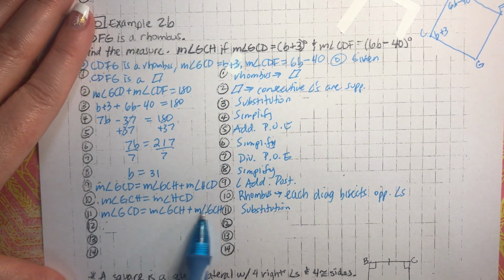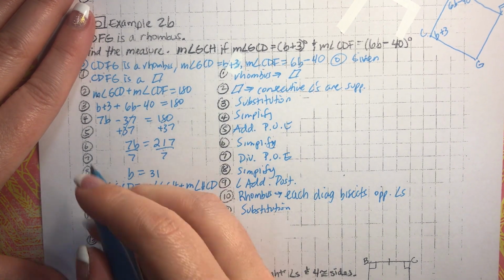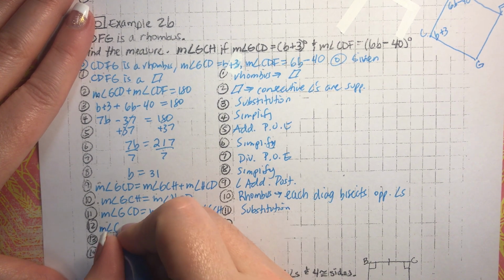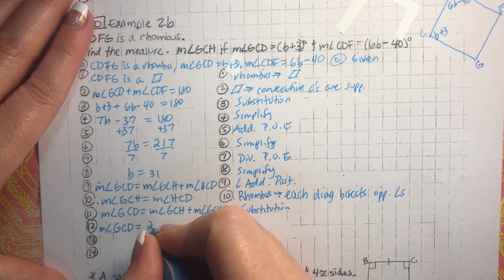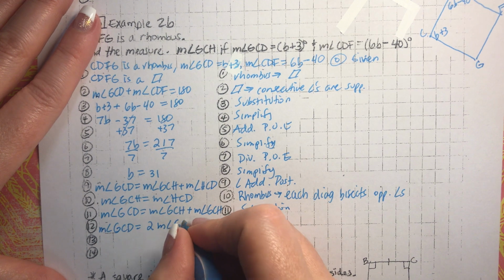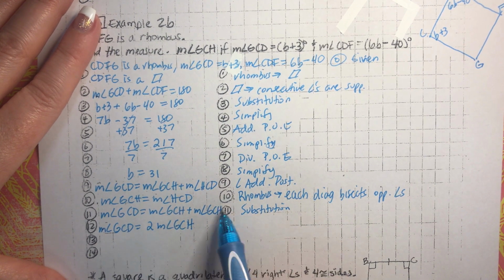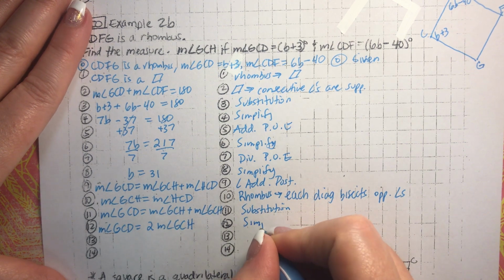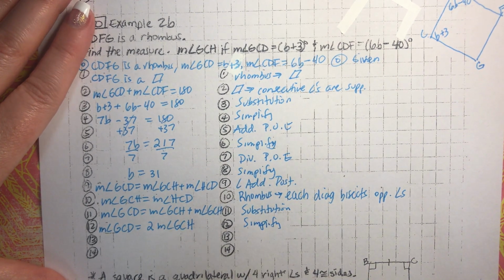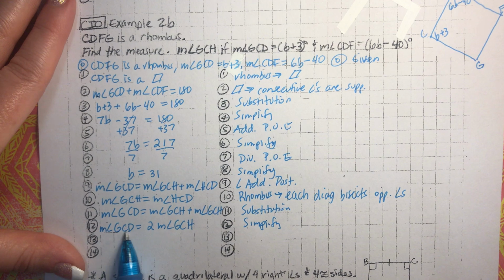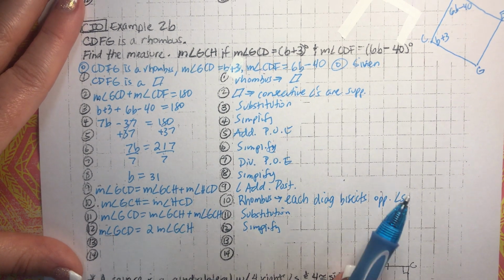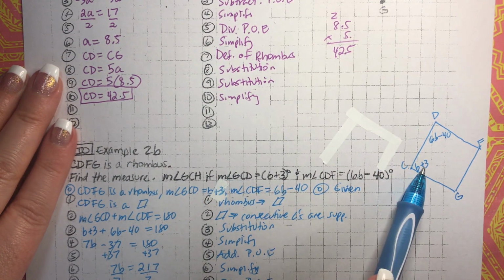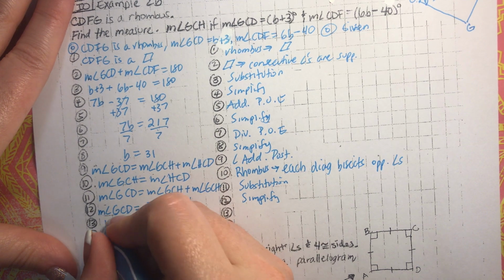Now we can simplify that, and we get 2 times the measure of angle GCH, because GCH plus GCH is just 2 of them. That's simplify. Now I think would be a lovely time to put in what GCD is. GCD is B plus 3, so we can substitute that in.